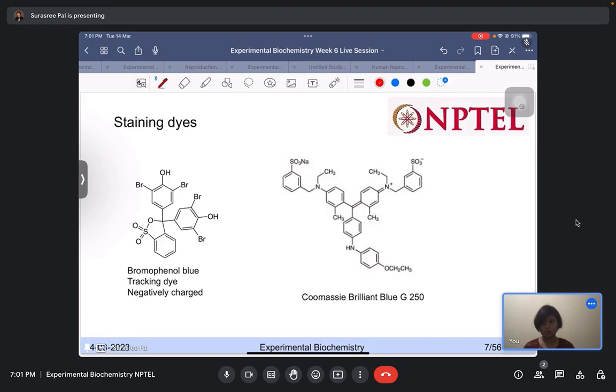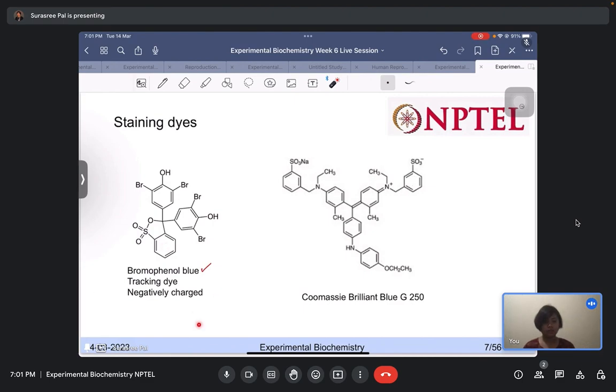We should not allow that to happen, which is why we use this particular dye, called bromophenol blue. It is a tracking dye, and it is also negatively charged, with high electrophoretic mobility.